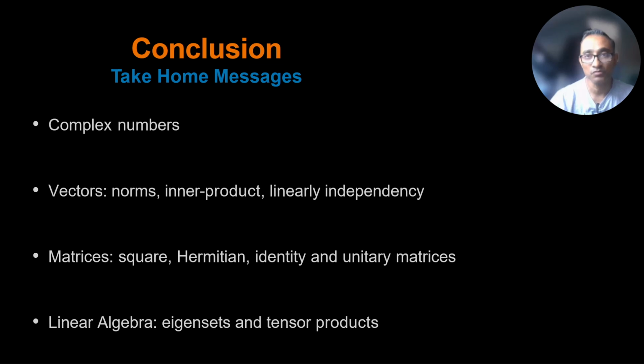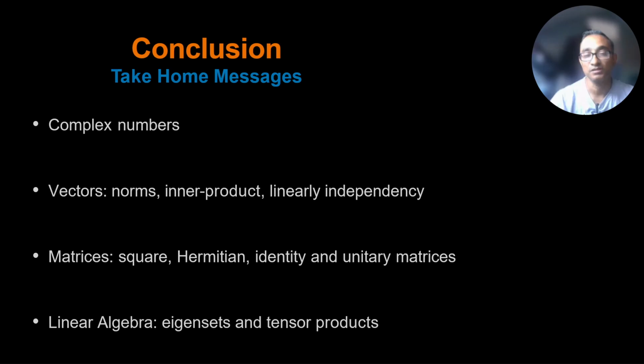To summarize this whole series, the take-home message is that you must understand the basics of complex numbers, understand vectors, what the norms are, how to operate on inner products and linear independence, and matrices, which are the tools for manipulating vectors, and what the different kinds of matrices are, like square, Hermitian, identity, and unitary matrices.